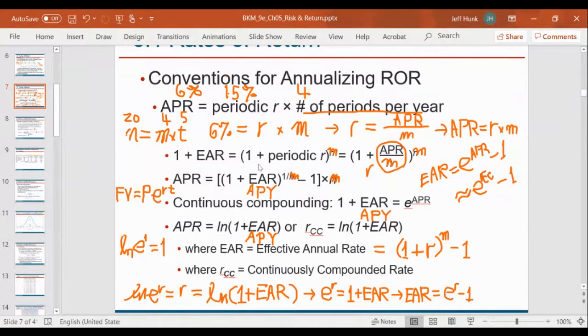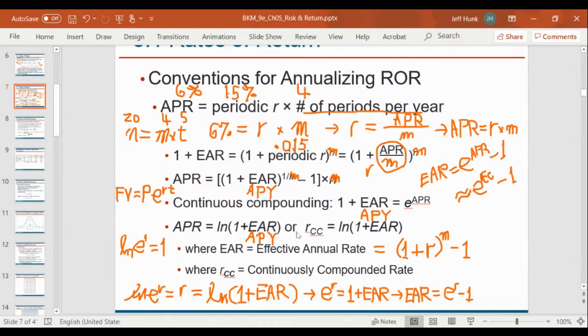So even within a single year, 1.5%, which is 0.015, gets compounded 4 times: 1.015 raised to the 4th power.